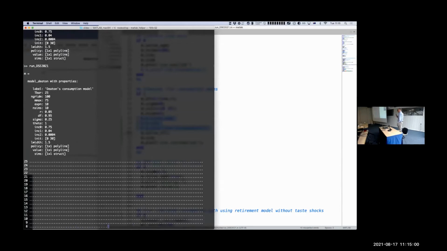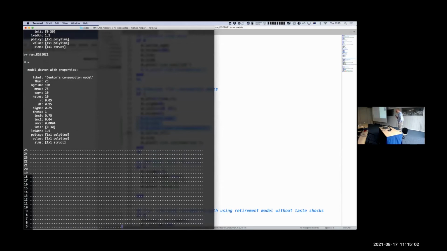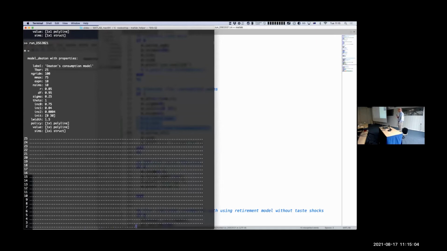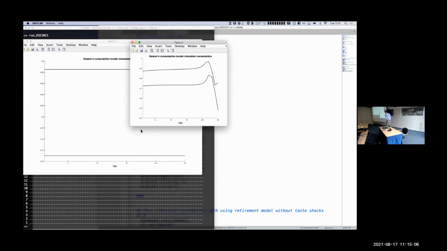So the same conditions, essentially, I think I'm even fixing the random seed. So we will start from the same levels of wealth initially, and you can see what we get in the VFI solver. And again, you can, of course, tweak the grids and you can solve it more accurately.